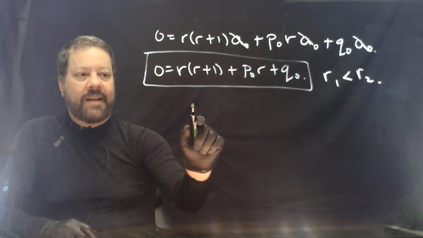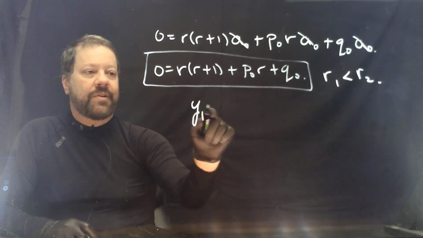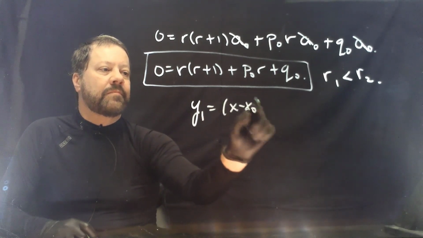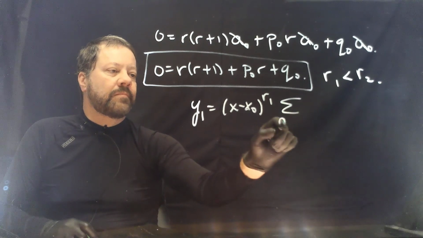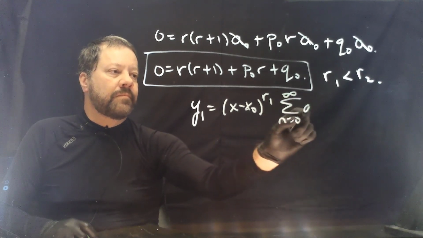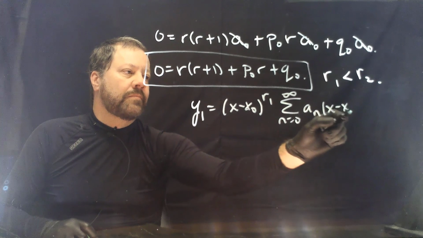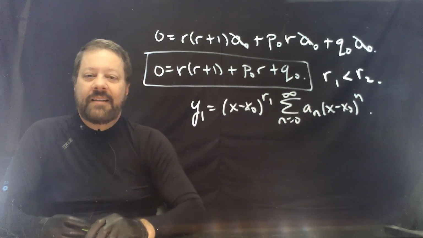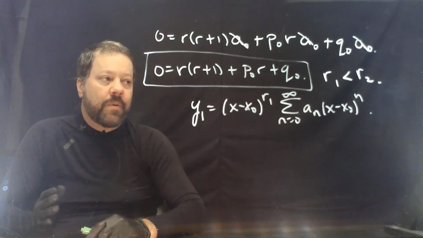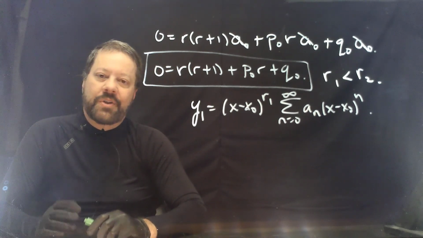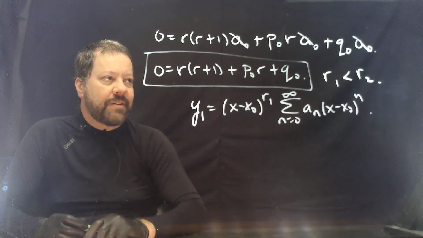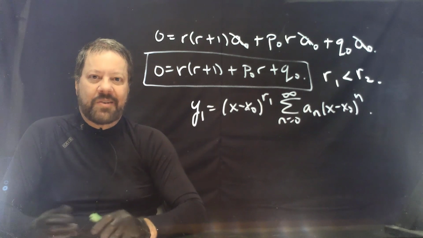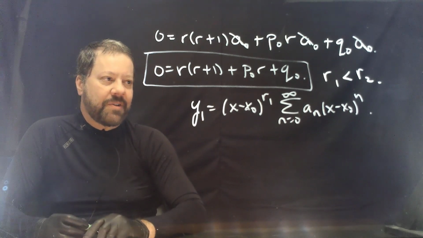We'll then just write down our solution, at least one of our solutions to the differential equation. You can then use a method called reduction of order to find a second linearly independent solution, or you can try to use the other root of the Indicial Equation to construct a second linearly independent solution and then find the general solution.